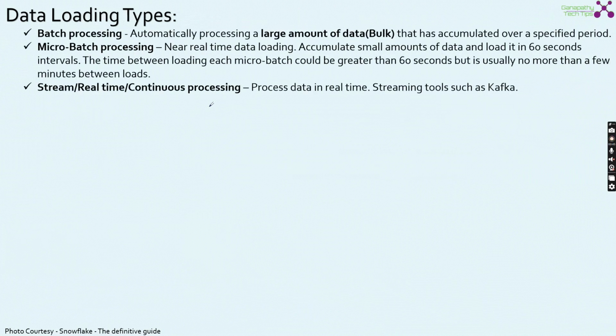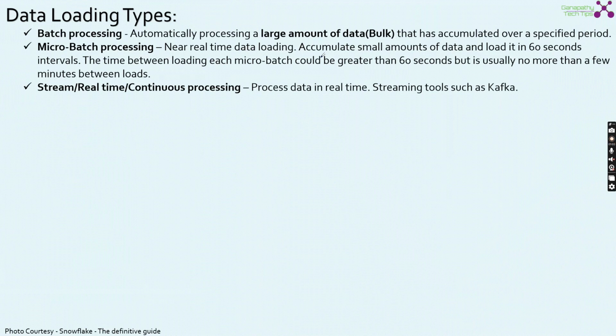First, let us see what are all the data loading types which are currently available. This is common across the industry. The data can be loaded predominantly in three different ways. One is batch processing, where we process or load the data in batches.